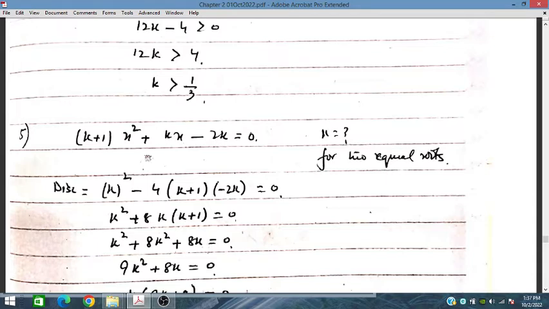This is b square minus 4a, and minus 2k is our c value here.